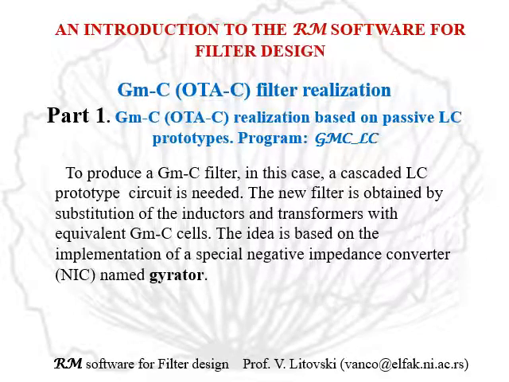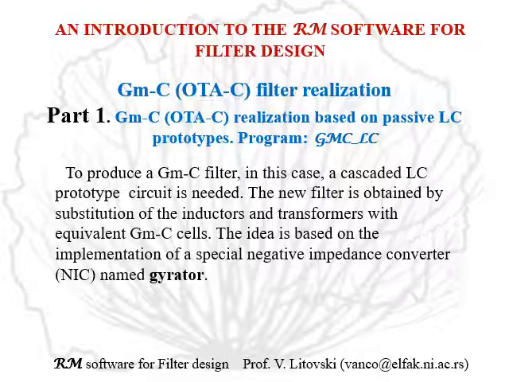Now we are going to the GMC or OTAC filters. First, we will talk about GMC filters, which are realized based on passive LC prototypes. These, in fact, are low-pass filters, and the program is named GMC LC.